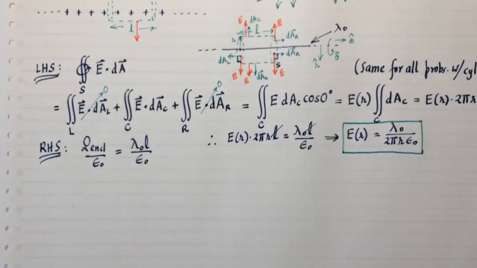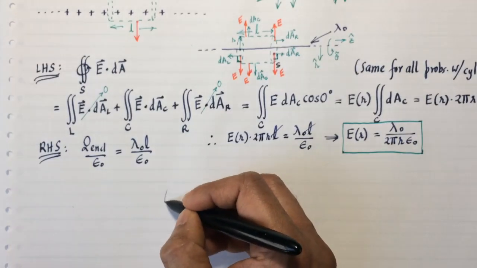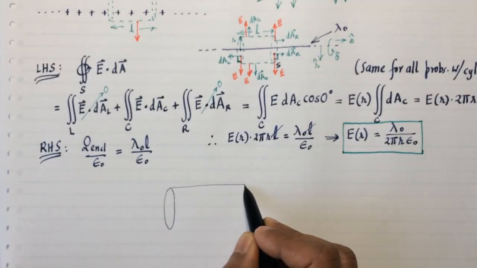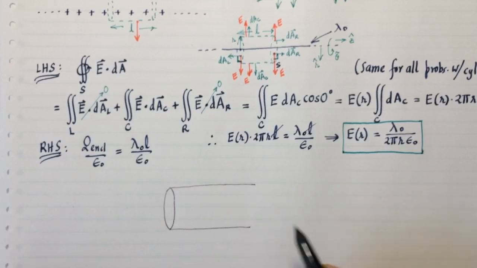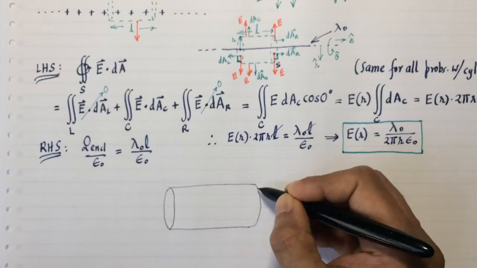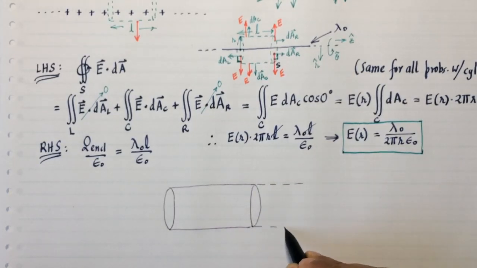Well, the one thing you can have is a cylindrical distribution of charge that is also uniform. Or it could be some function of r. So even though I'm drawing a finite cylinder, imagine the cylinder goes on forever.